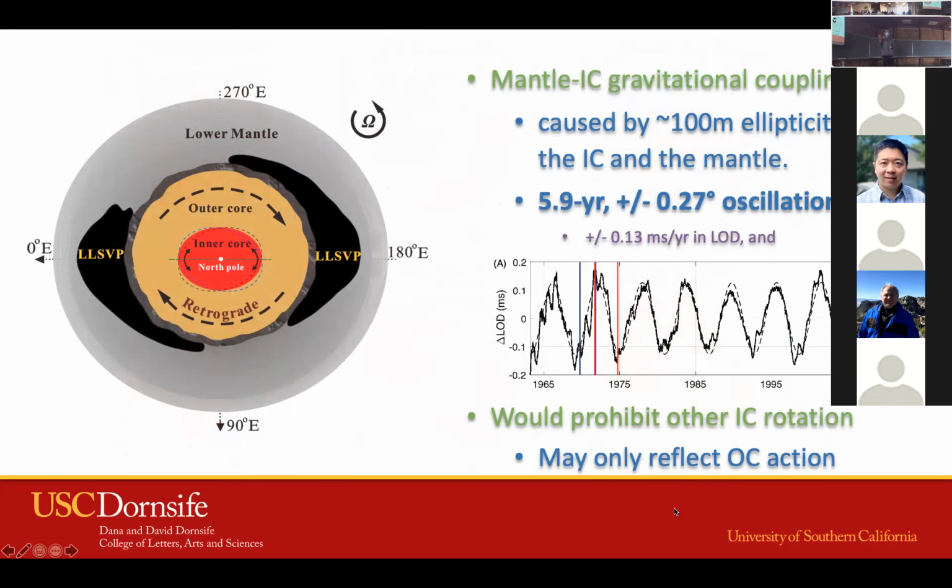Let's consider the conservation of angular momentum. If the inner core rotates faster, the mantle will go slower, so the length of day will increase. If the inner core goes to the west side, the mantle will go faster, so the length of day will decrease. That is why there is an observation of length of day change.